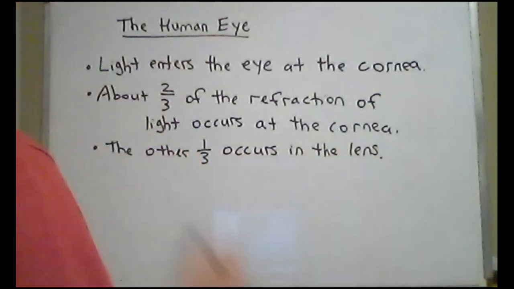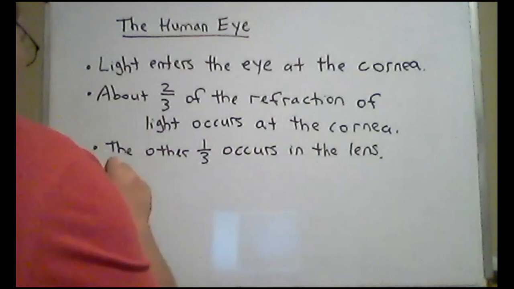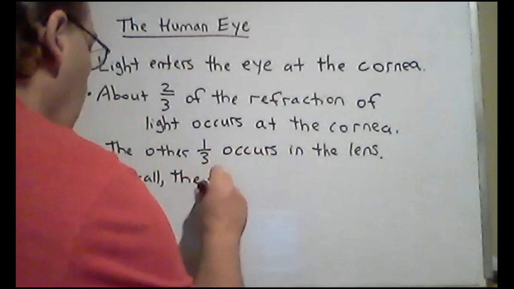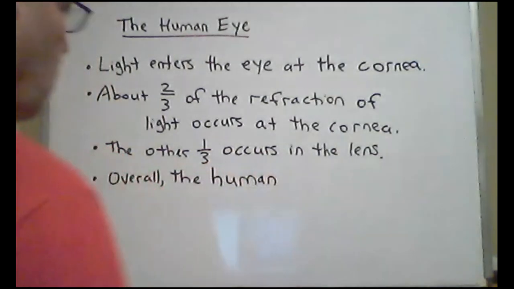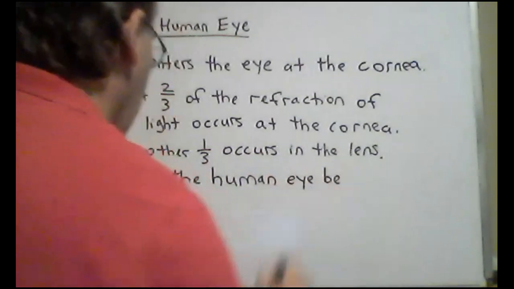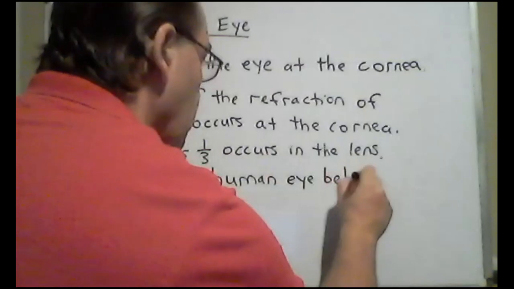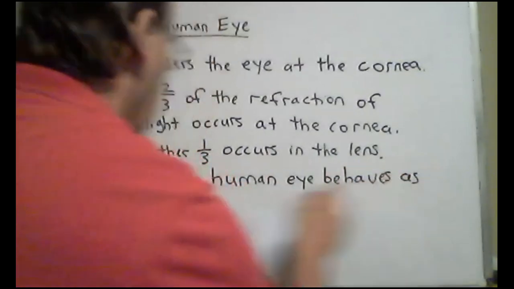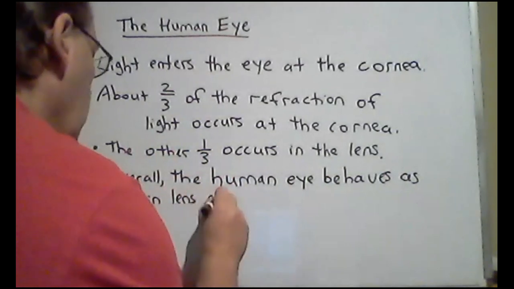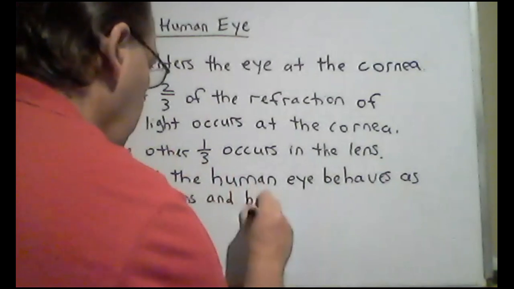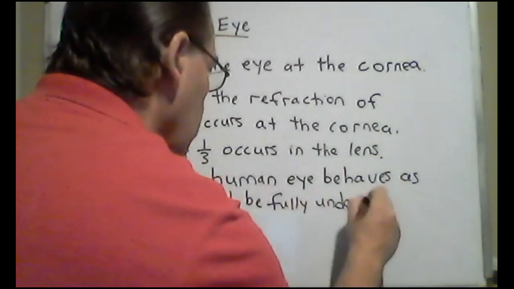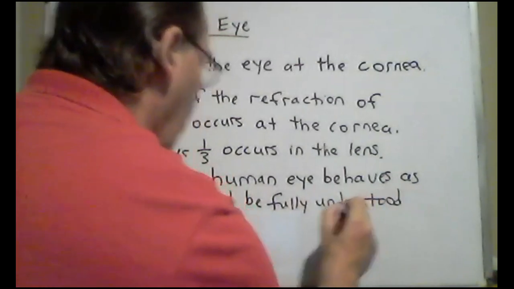All right. So the eye, overall, the human eye, probably other animal eyes as well, behaves as a thin lens, and can be fully understood with geometrical optics.